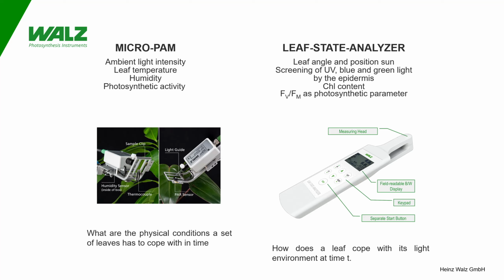Using the photosynthetic activity, it determines the impact of a set of external physical conditions on a set of leaves and how these leaves cope with these physical conditions. The Leaf State Analyzer, on the other hand, measuring optical leaf properties, tells the user how the leaf copes with its light environment at that moment.